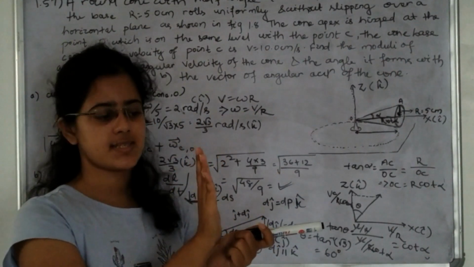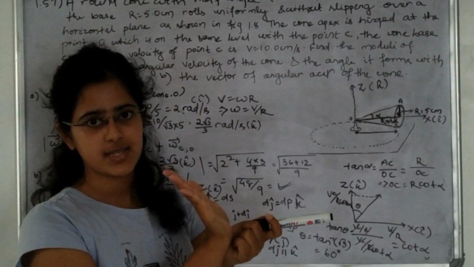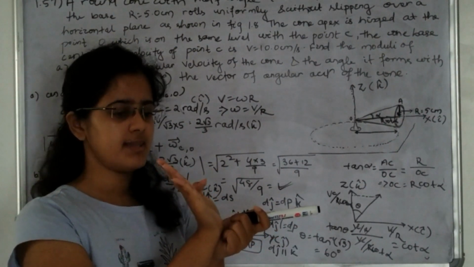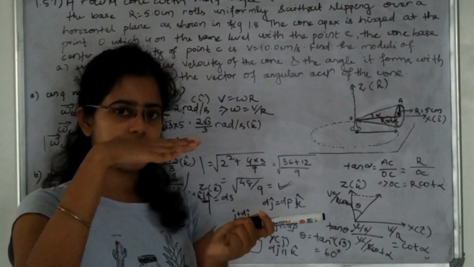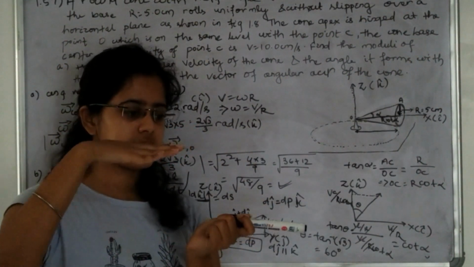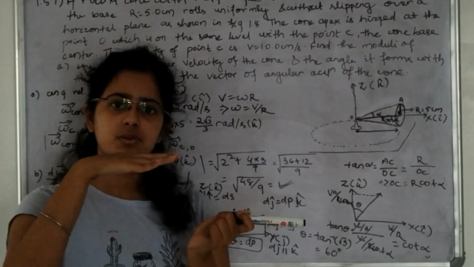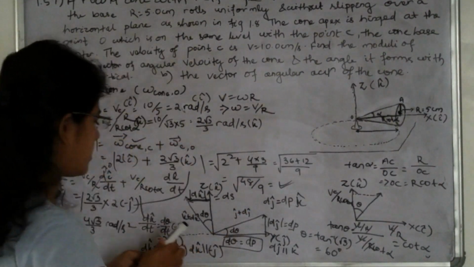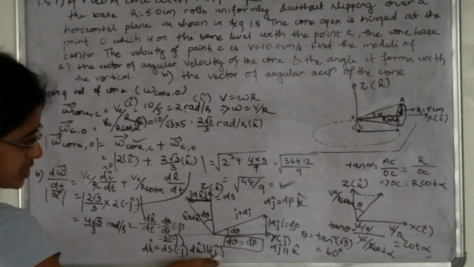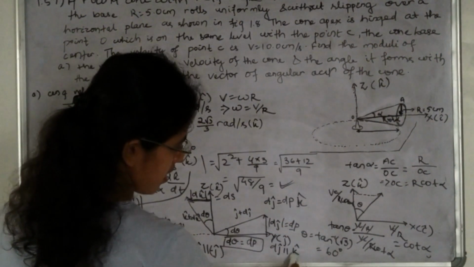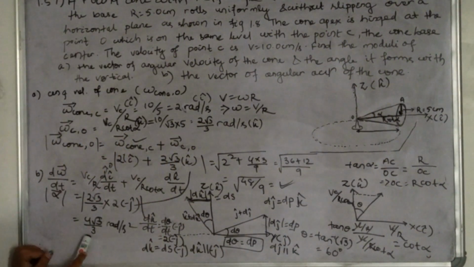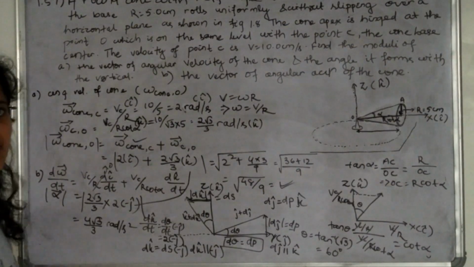Similarly, for Z-axis, as it is tilted like this, making an angle d theta with the original Z-axis, this is positive y-axis, this is negative y-axis. That means this vector is parallel to negative y direction. So d k cap vector is parallel to minus j cap, and d j cap vector is parallel to k cap. So put this here, and you can find the acceleration value.